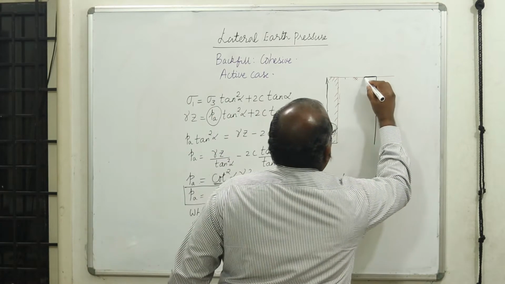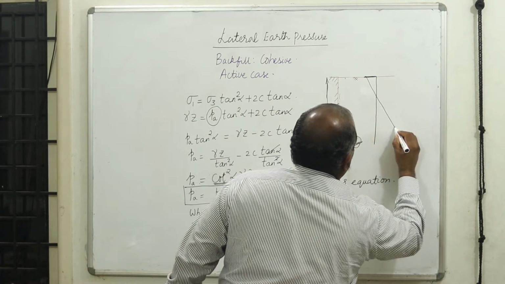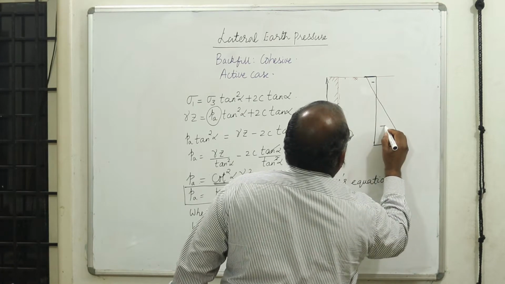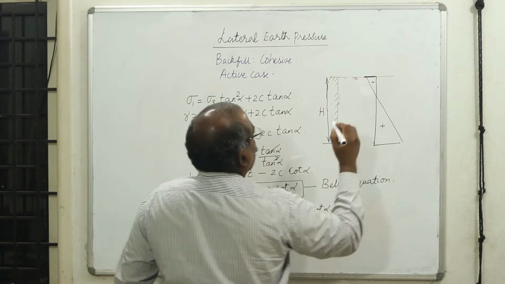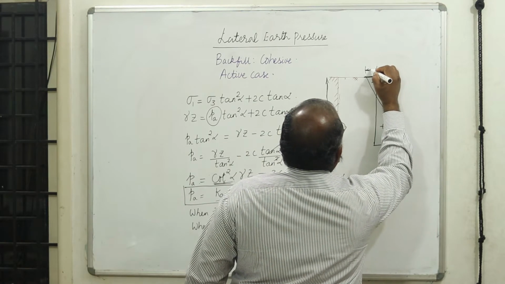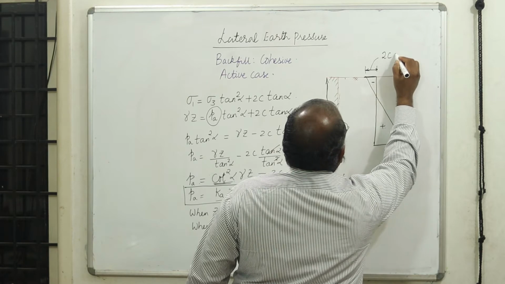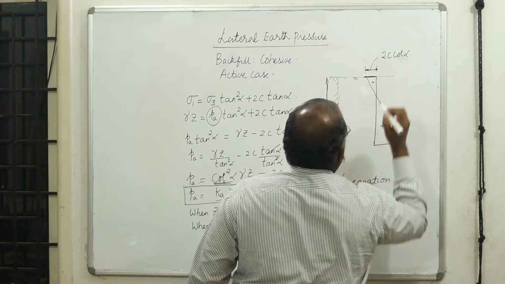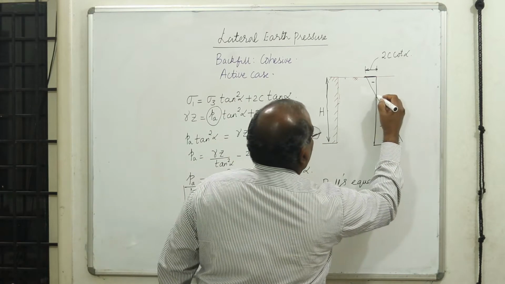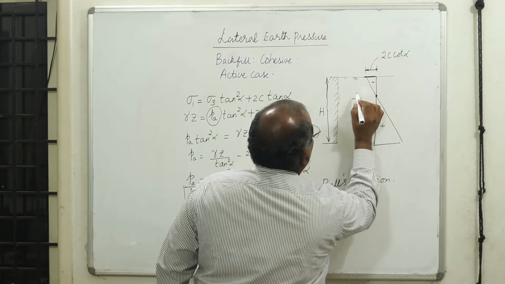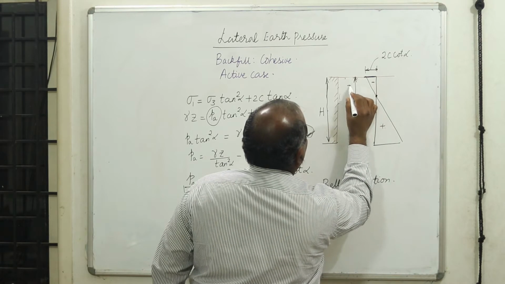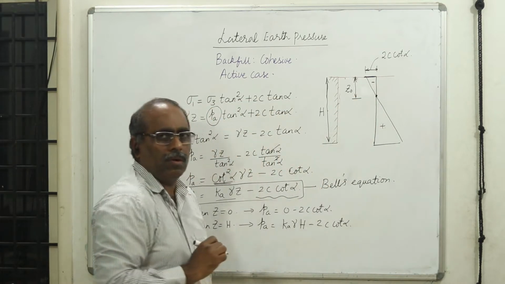Therefore, I will get a pressure distribution like this. This is the negative pressure distribution, this is the positive pressure distribution, and this quantity is 2c cot alpha. There is a point where the pressure becomes zero, crossing from negative to positive. Let us call this Z0.